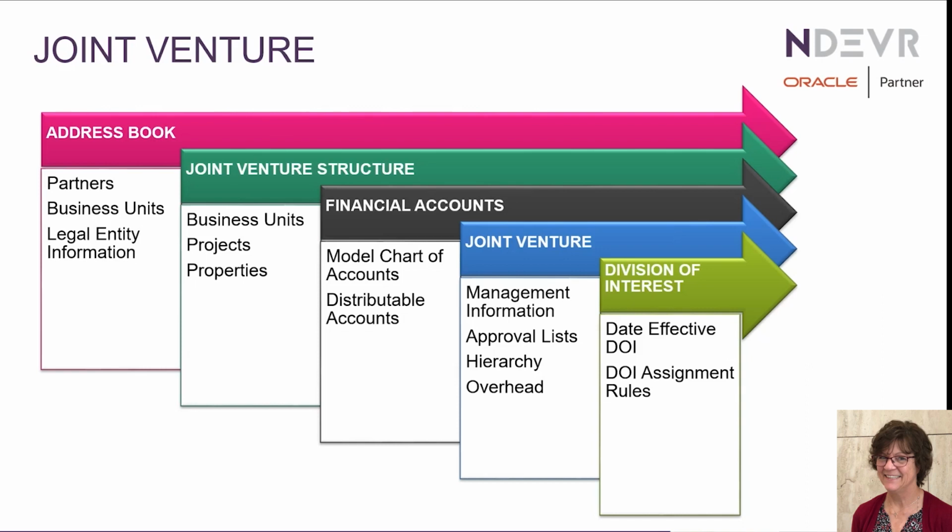With each release since 9.2, there have been major enhancements to this module, so that now it's like the complete package, from defining the division of interest through to distributing your revenue and your expenses, through to managing your overheads, through to invoicing the expenses and payment of the revenues. It's all there. It's all in this new Joint Venture submodule.